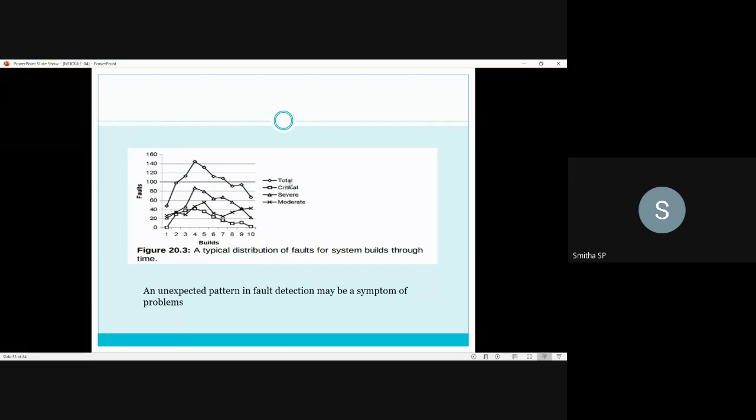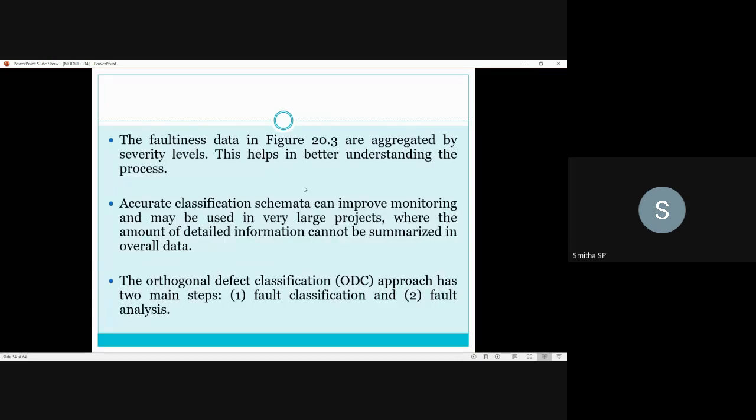Here you can see the total, critical, severe and moderate faults. The corresponding notations have been used for the levels of faults, and they have plotted those faults. Doing so is helpful in understanding the process better.